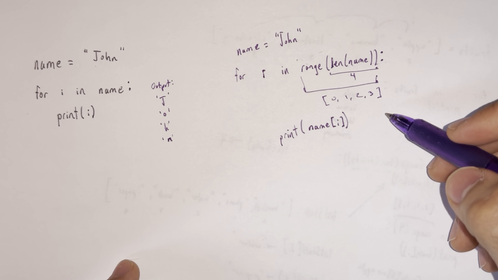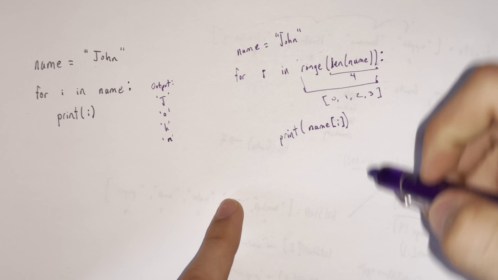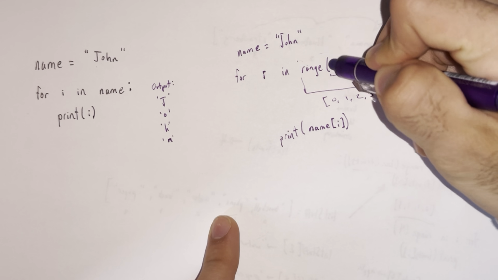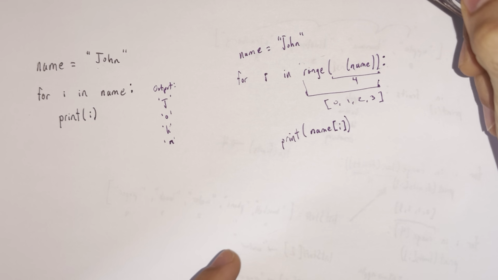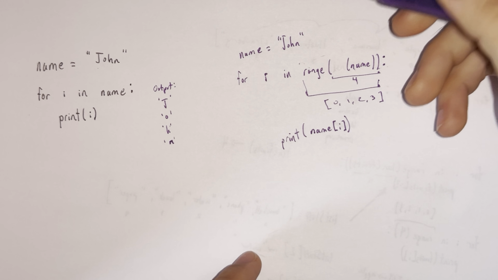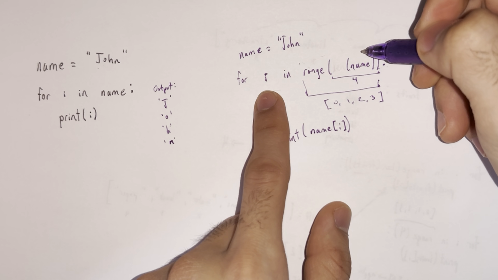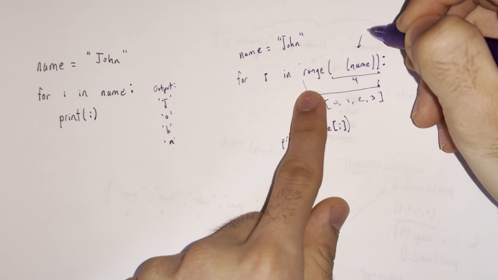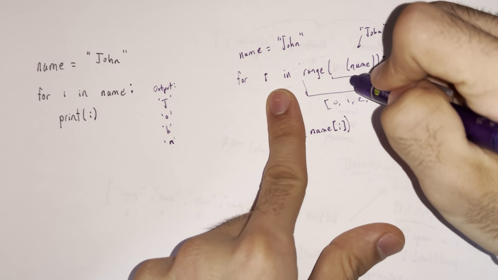So one common mistake, and I probably could have pointed out earlier, but I'm doing it here, that some people may make is they'll do for I in range name. They won't do the len name, right? So this is going to give you a syntax error, for I in range name, because that's saying for I in range the string John, because name is just John, right?